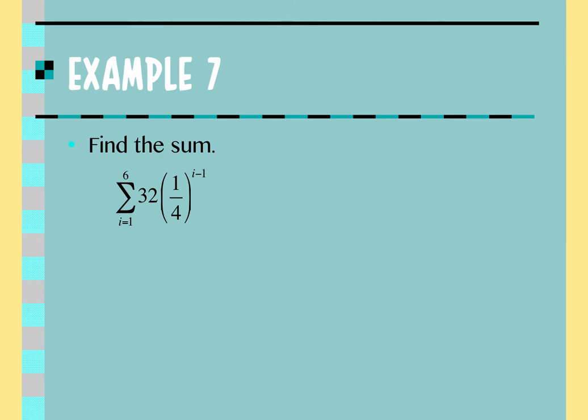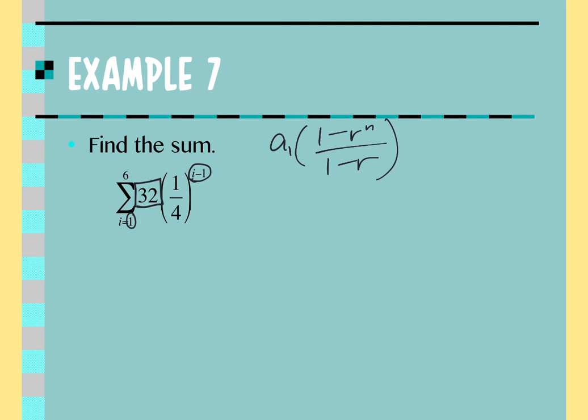That's what makes it geometric. So I do a1 times 1 minus r to the n over 1 minus r. I need a1. If the bottom number is 1 here, and this exponent is i minus 1, or whatever the variable is minus 1, then this is a1.